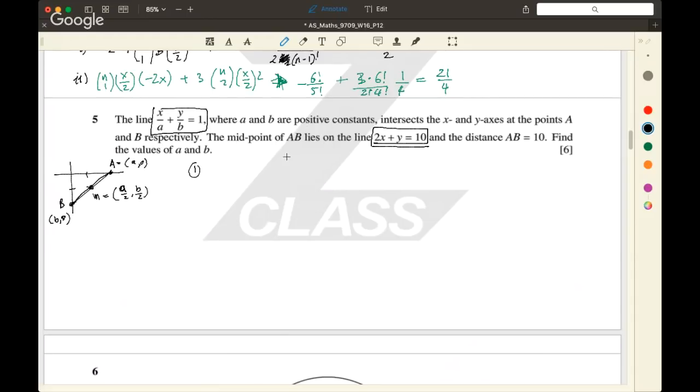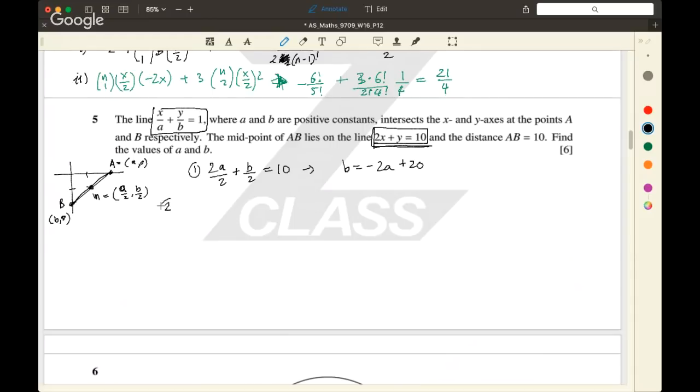So I'm solving for a and b. I need two equations to do that because I've got two unknowns. So my first equation is that the coordinates of the midpoint satisfy this line's equation. So that means that 2a over 2 plus b over 2 is equal to 10, which I'm going to rephrase as b is equal to minus 2a plus 20.